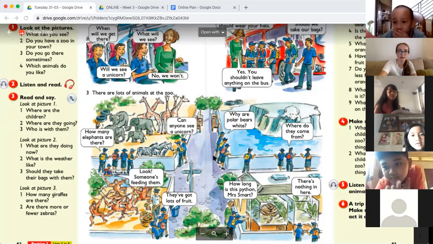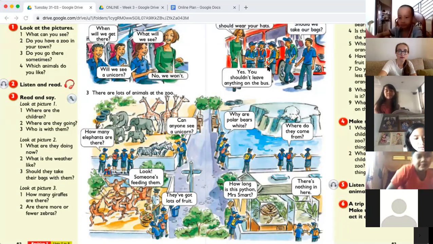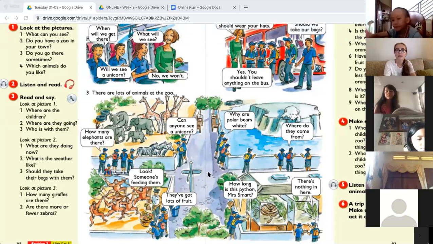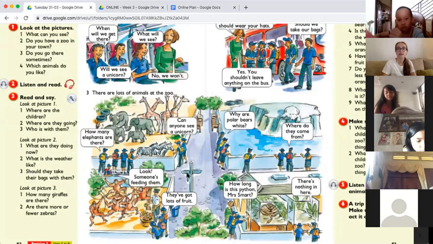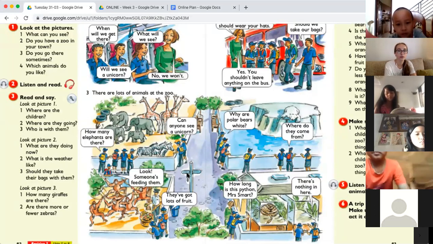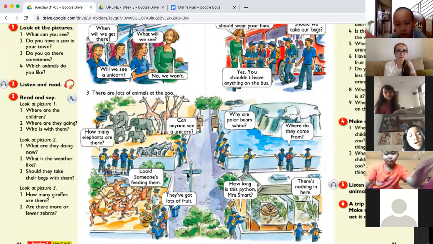What should the children do at the zoo? Oh, that's not what we should do. This one. What shouldn't the children do at the zoo? Children shouldn't feed the polar bear and the python. Yes, you don't feed the dangerous animals.